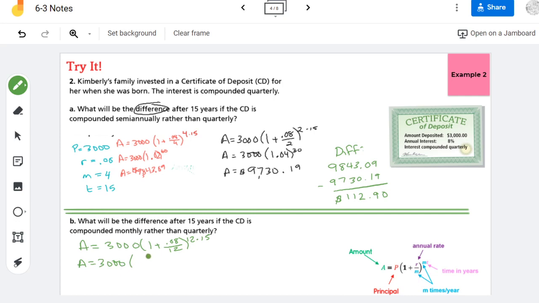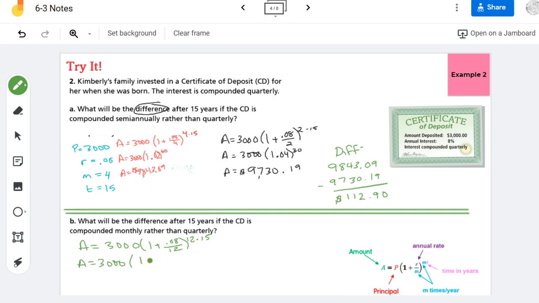Okay, so 0.08 divided by 12 is 0.00666667. Because that number continues on forever like that, I don't want to round here before I do this problem.